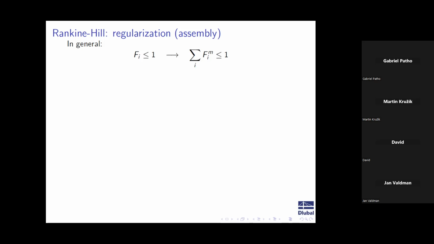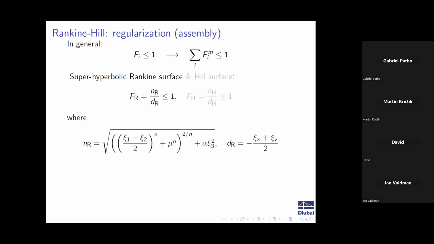This was first introduced by Alan Barr, actually, in 1981 for computer graphics, to smooth out surfaces. So for my super hyperbolic Rankine surface with the power n, I make it into a fraction so that I get this kind of expression, with the numerator the expression we had before, and then the denominator, so that I get on the right-hand side the number 1.